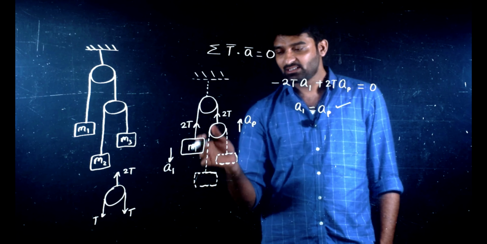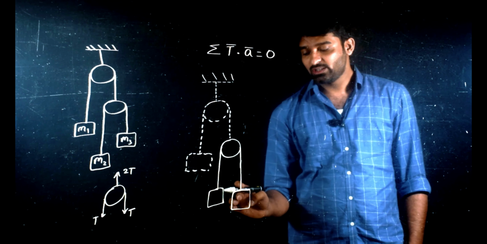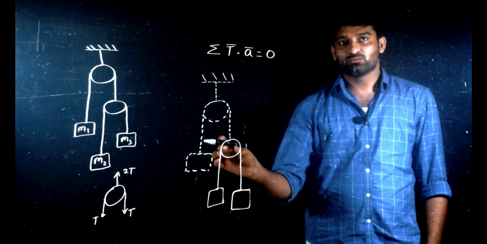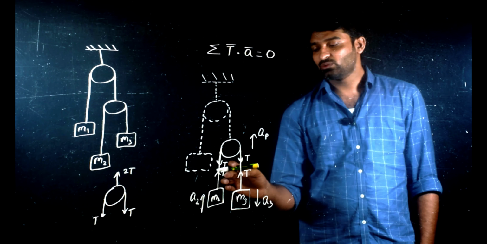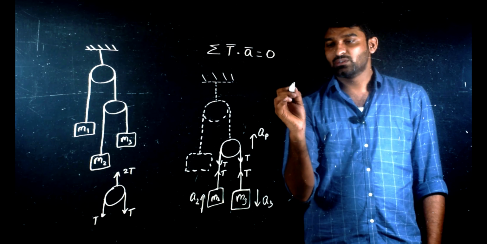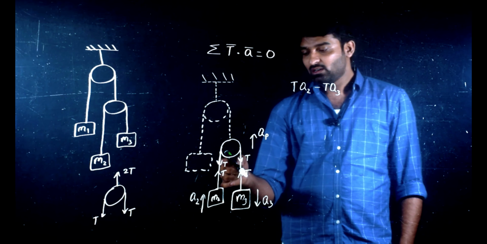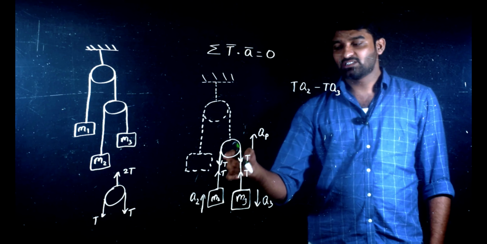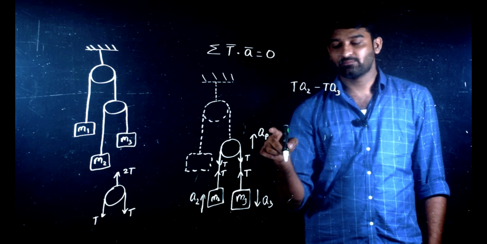And I'm going to select another system by changing the string. This time I'm selecting the second string. This string is connected to 3 bodies: 2 blocks having mass and another movable pulley. Take this tension, its acceleration is A2, both are in the same direction, so T A2 cos 0, plus 1. Now this tension and this acceleration of the pulley: this tension is acting on the pulley and its acceleration is AP, so that combination has to be taken.